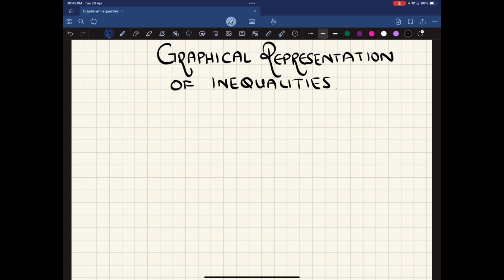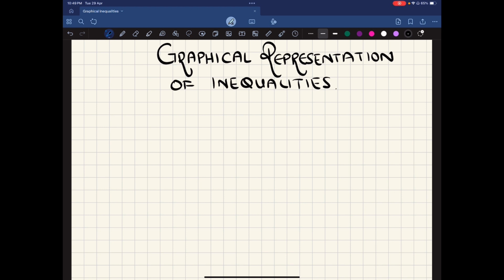But when we have inequalities with two sets of values, say x and y, we can show the solutions together on a pair of number axes, one for the x-axis and one for the y-axis. Okay, so let's discuss a couple of examples to understand what I mean.